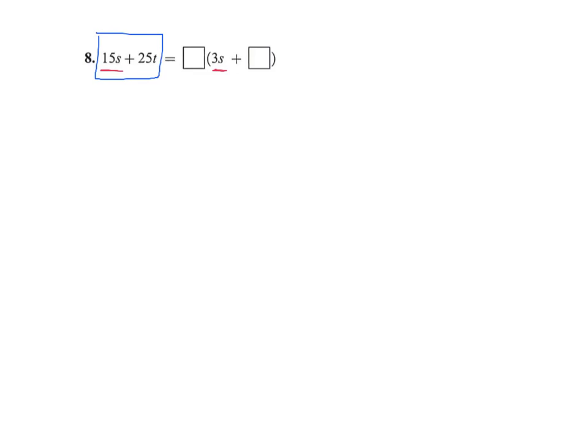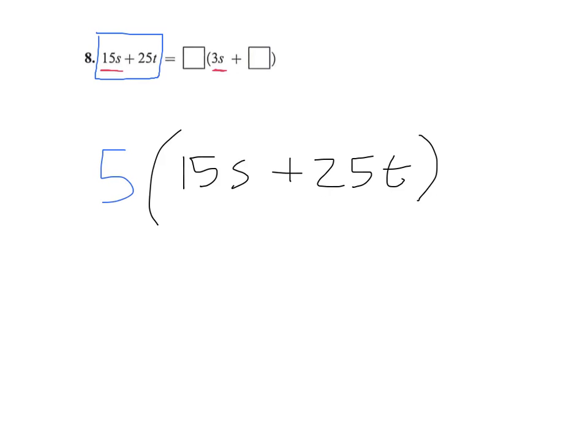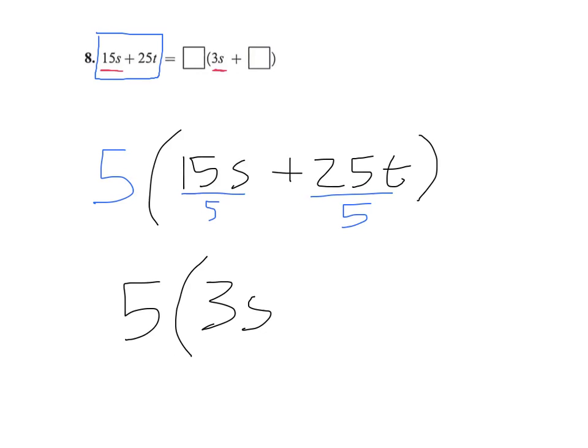So we're going to take this 15s plus 25t, and write the 5 out here, and then divide both of these by 5 because we're pulling it out front. So we get 5 times 3s, that's what's left after you take the 5 out, plus 5t.